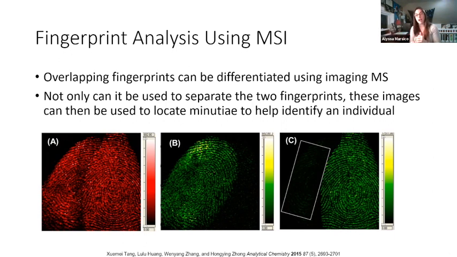Imagine pulling this at a crime scene. You have overlapping fingerprints. You have no idea what ridgeline belongs to what in that center area. You can use Mass Spec imaging and find unique ions for each of the fingerprints, the left and the right, and then separate it using this imaging technique. Because for image B versus C, you're showing which specific ions come up, which I think is really, really cool.